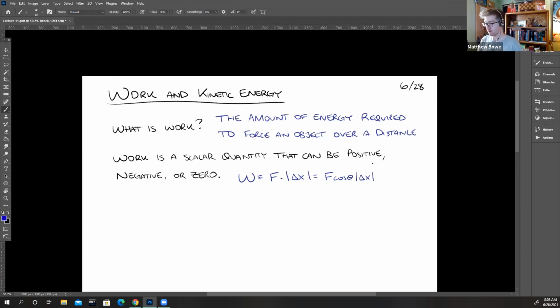The amount of work required to lift the object would be going from the bottom of the ramp to the top. So it's related to the direction it's going. In this little sidebar, I'll say in the direction of the displacement.